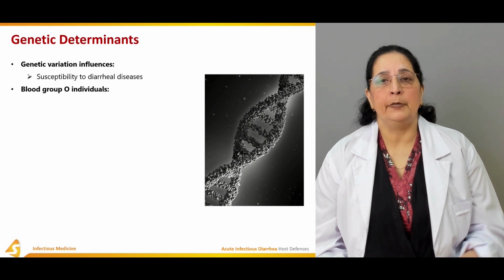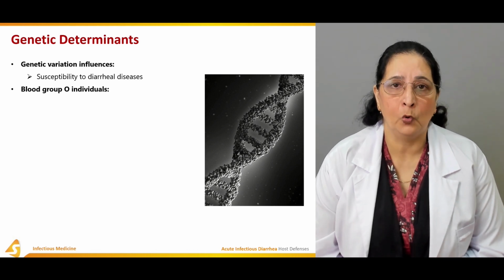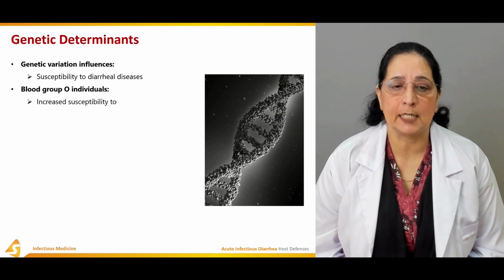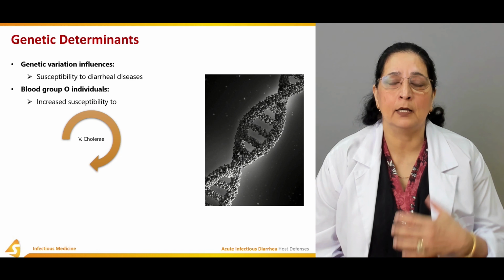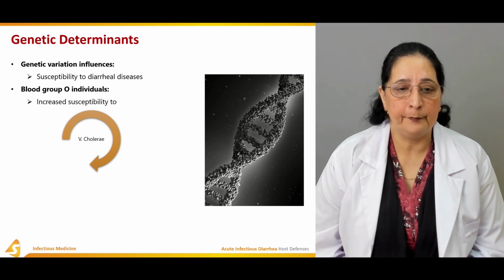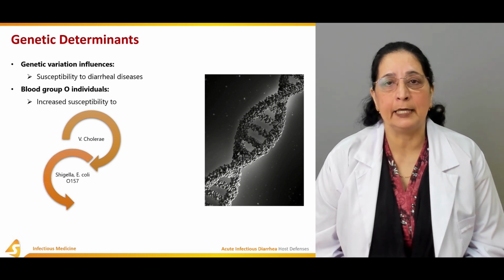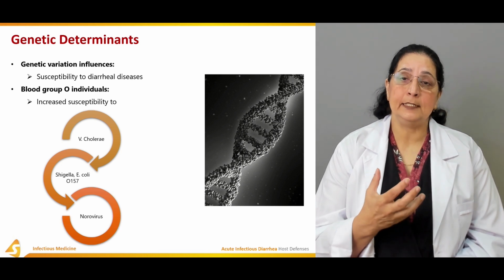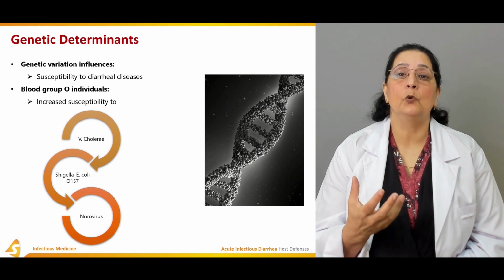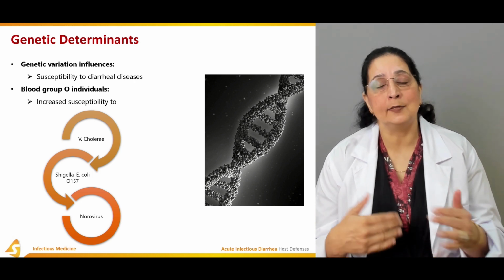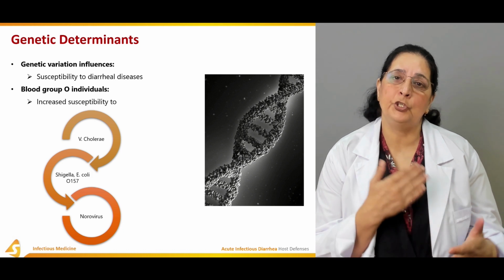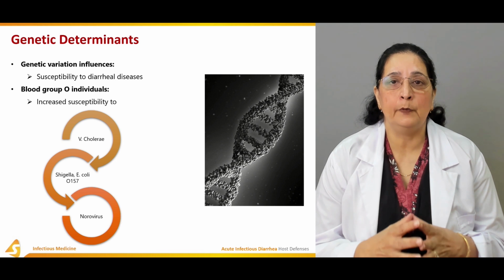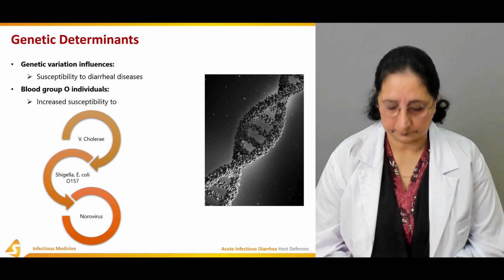These are people who have blood group O. They have increased susceptibility to diarrhea, especially by Vibrio cholerae, Shigella, E. coli, and norovirus. So one genetic determinant, blood group O, is more susceptible as compared to individuals who have blood group A, B, or AB.